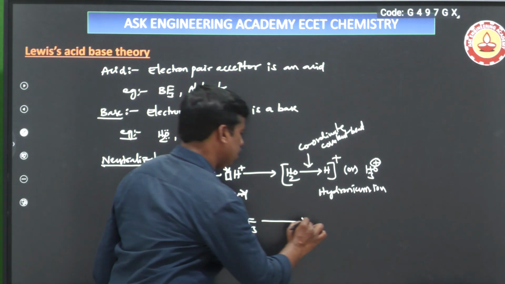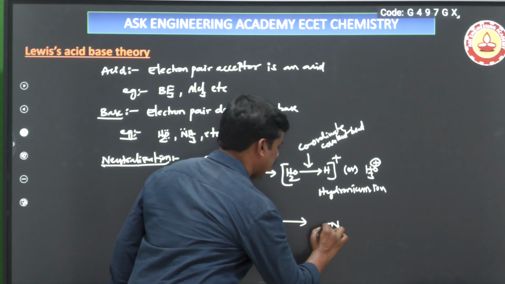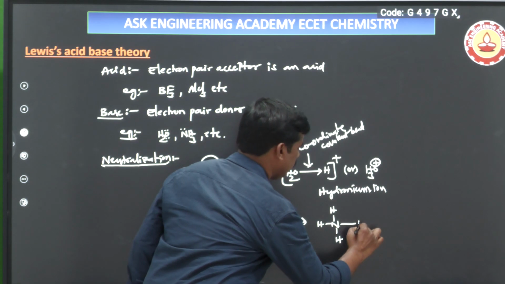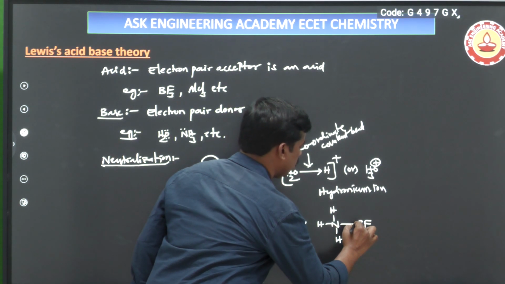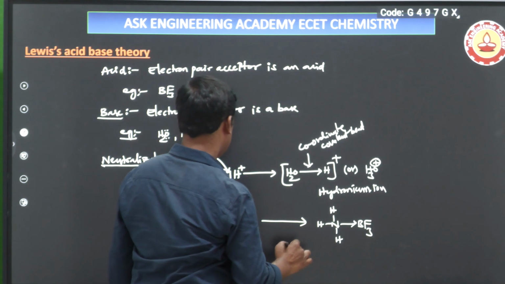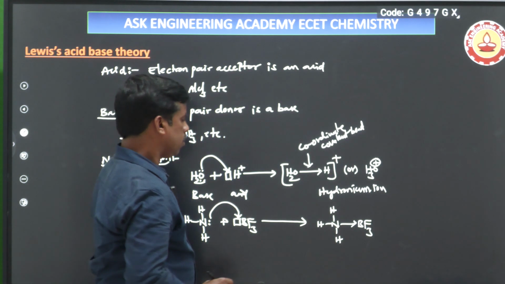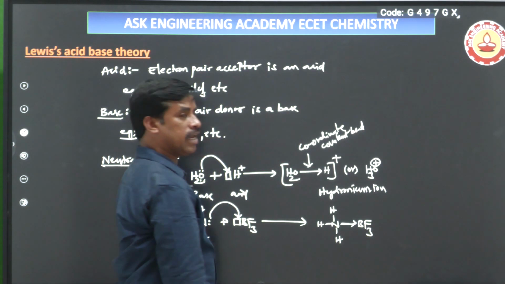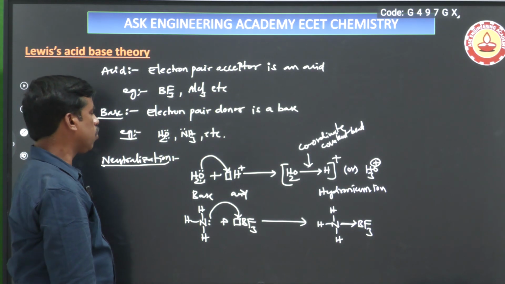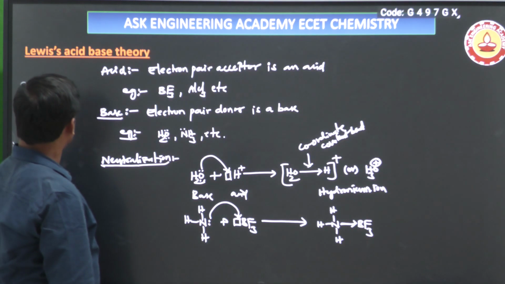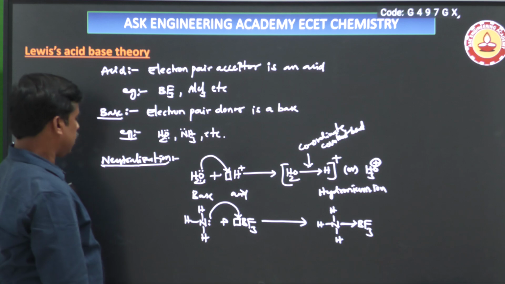What happens in between NH3 and BF3? A coordinate covalent bond is formed. Whenever an arrow mark is written on the bond in between, that indicates a coordinate covalent bond. This is about Lewis acid theory.